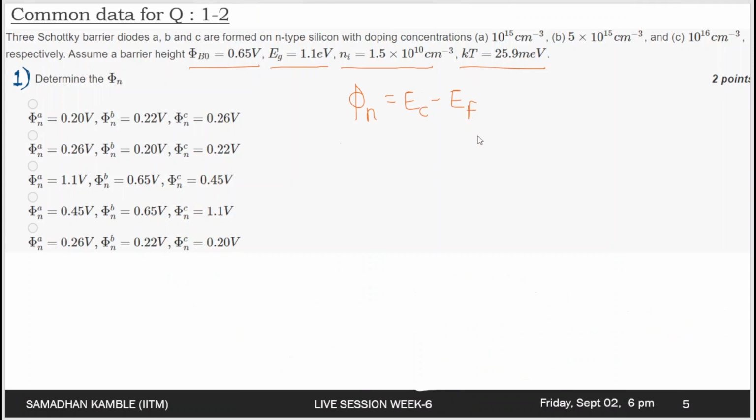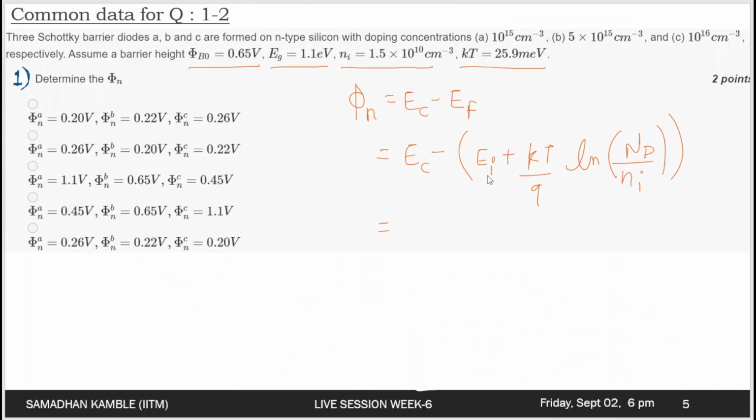EF is not given, but for different concentrations, EF is given as EI plus kT over q ln of ND over Ni. So this is for the EF we have substituted here.